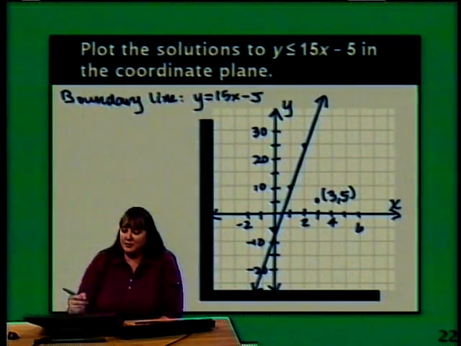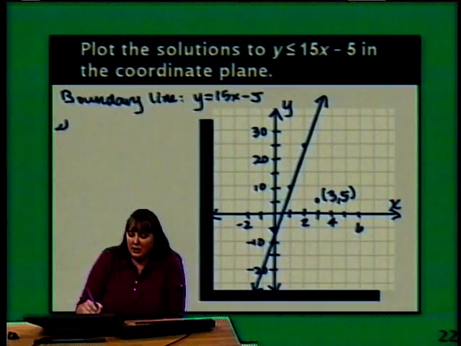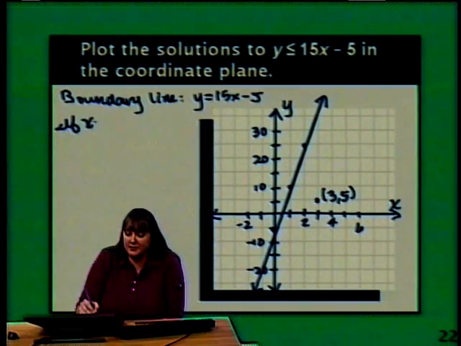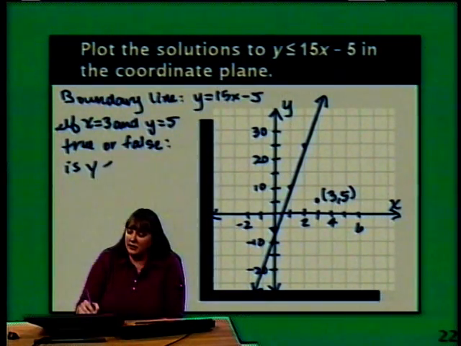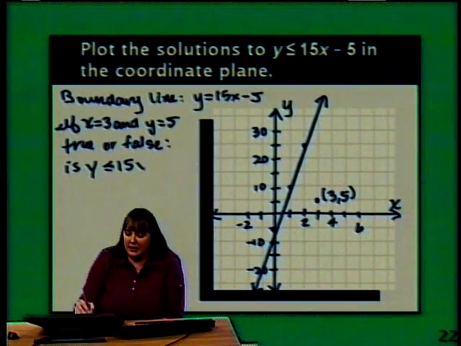So what I need to ask myself is a true or false question. If x equals 3 and y equals 5, true or false? Is y less than or equal to 15x minus 5?